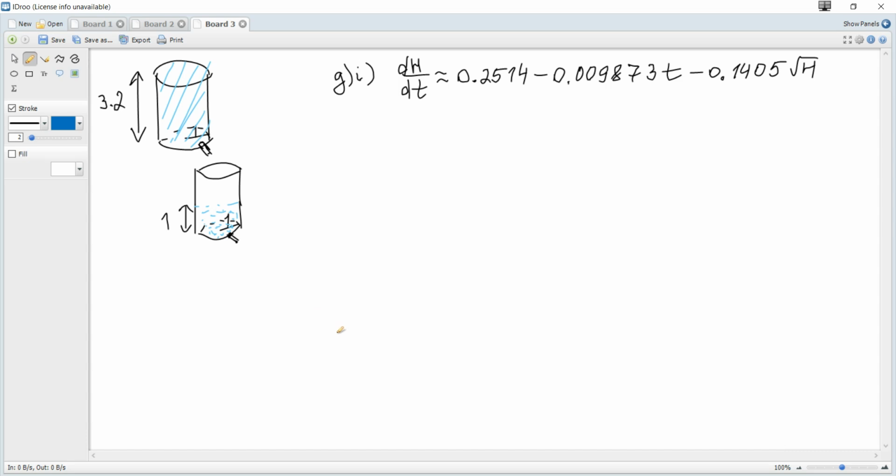At time t is 0, Eve opens both valves, let capital H be the height of water in meters in the lowest container at time t. So h of t is height at any moment of time of this lowest container.